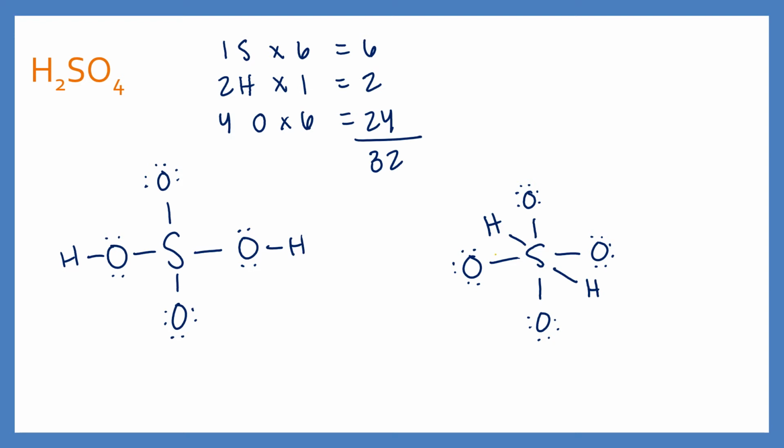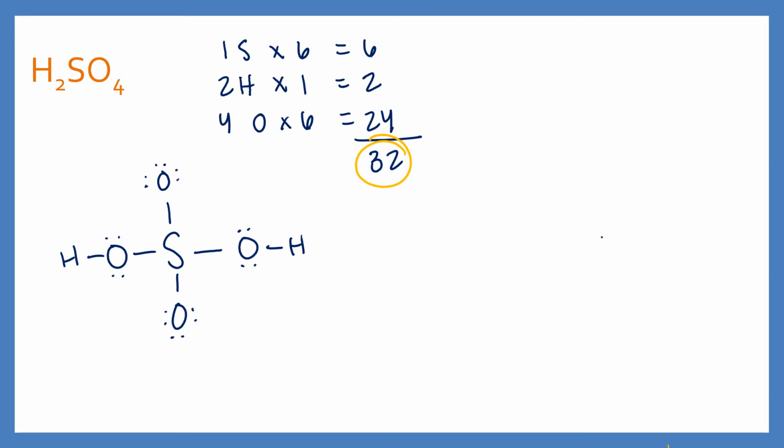We have 8 valence electrons here, 10, 18, 26, 28, plus 8 more. That is 36 valence electrons. That's not going to happen. We only have 32. So we're going to go ahead and erase this guy. Now regretting drawing out all of those electrons. Okay.